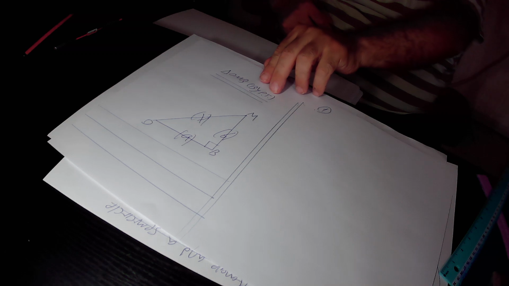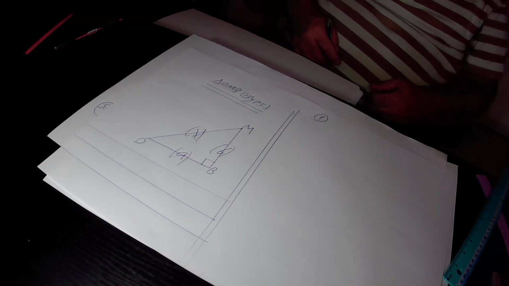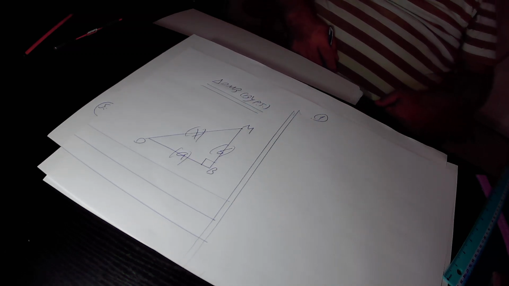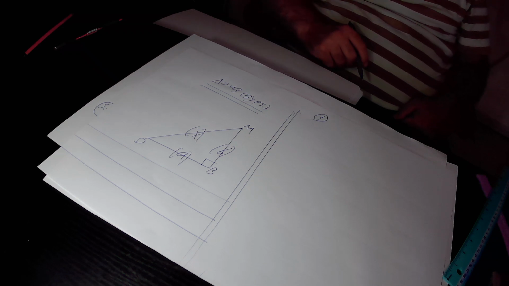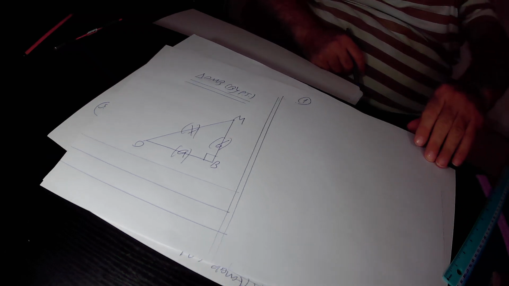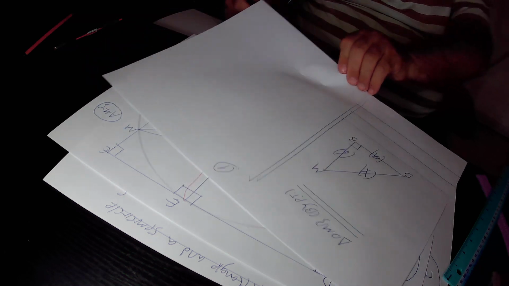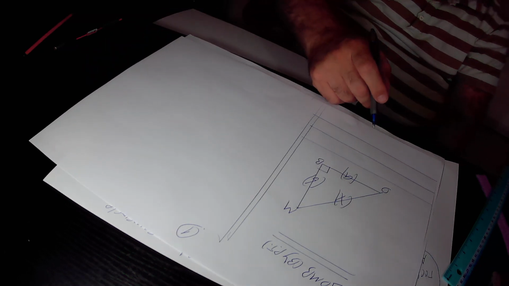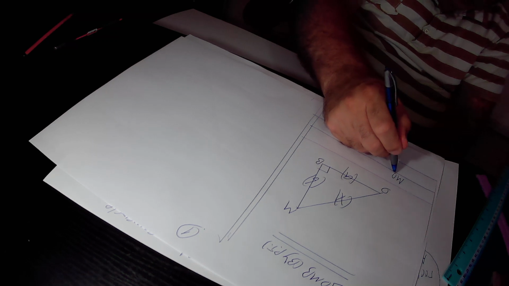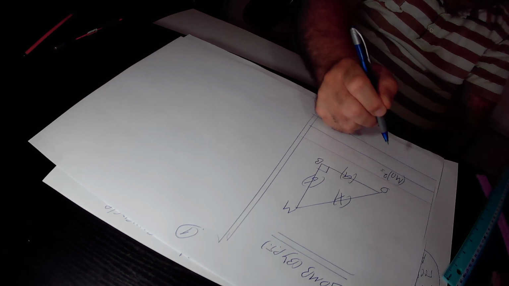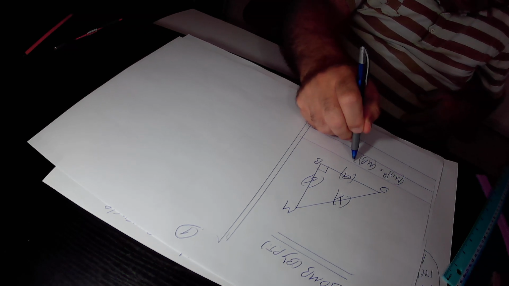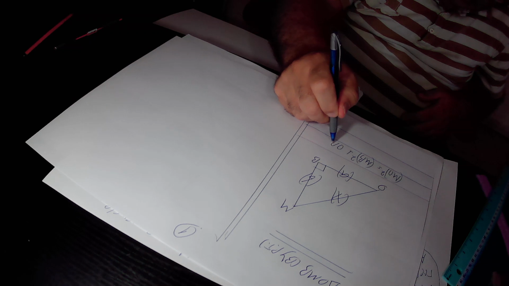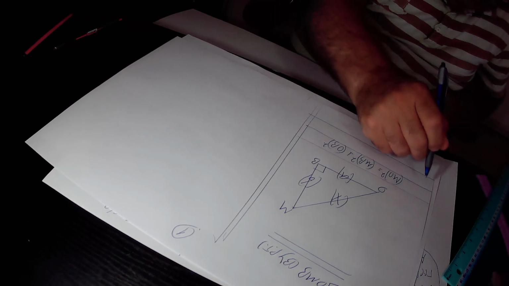So this is the right triangle OMB that I copied from the original drawing. In right triangle OMB, MO squared, that is the square of the hypotenuse, equals MB squared plus OB squared. So I write it down: MO squared, the square of the hypotenuse, is equal to MB squared plus OB squared. This is equation 1.